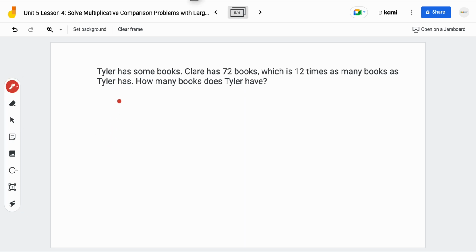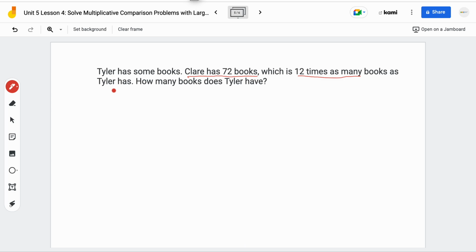So we see that Tyler has some books. Okay. So Claire has 72 books. So let's underline that. This is important. Claire has 72 books. And those 72 books, it says that those are 12 times as many. So 72 is 12 times as many books as Tyler.